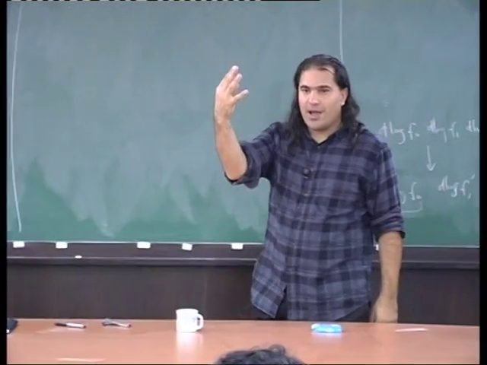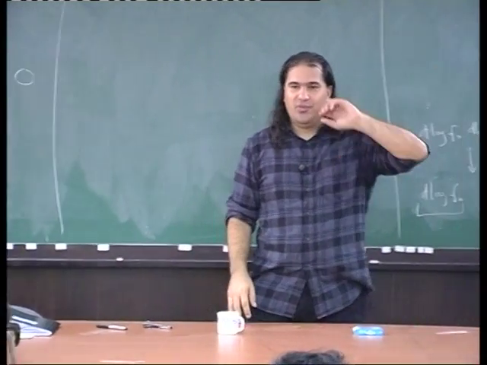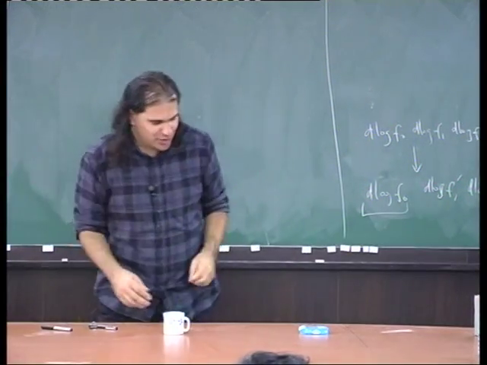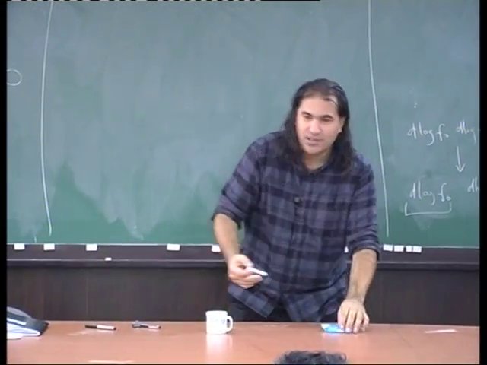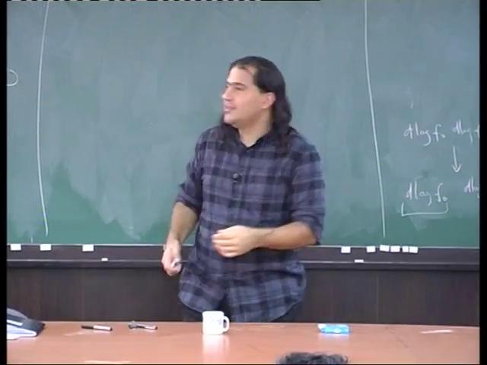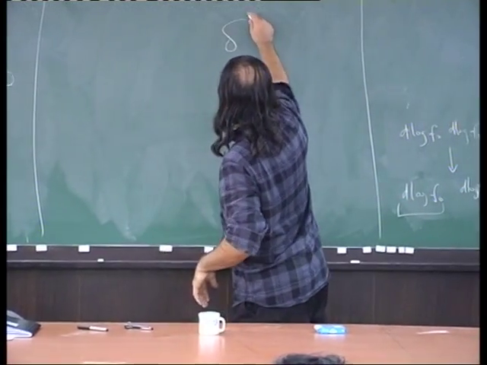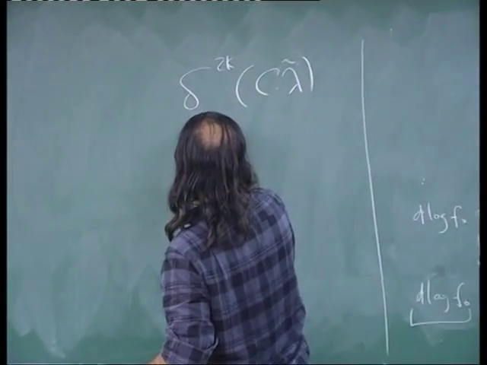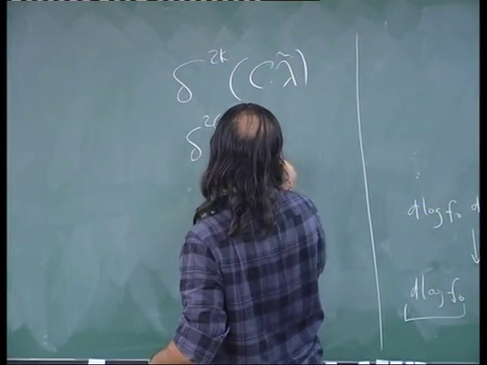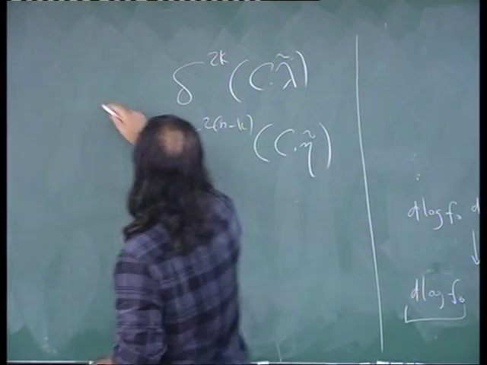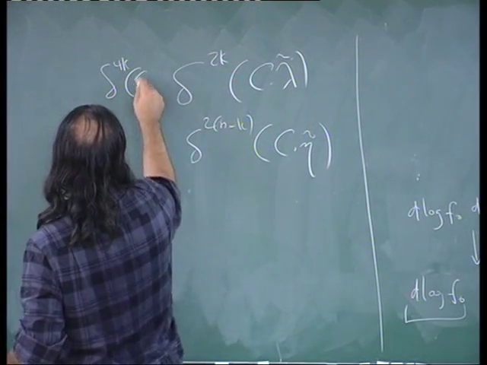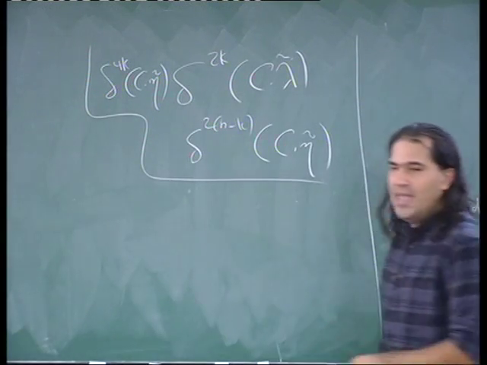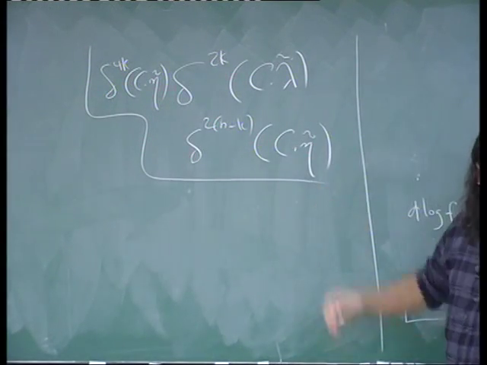The only place 4 comes in is in these delta function constraints, those final delta function constraints, which is the only place the external data enters. It enters in these delta 2k c dot lambda tilde, delta 2n minus k c dot eta tilde, delta 4k c dot eta tilde. This is the only place the external data makes an appearance. That's the only place 4 makes an appearance.